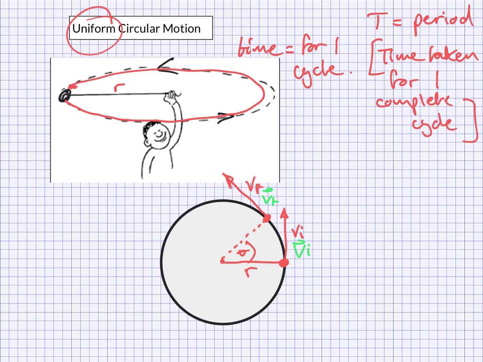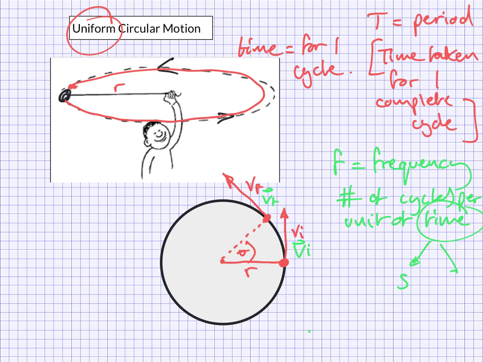And that is very different to the frequency, f. The frequency is the number of cycles per unit of time, and that unit of time could be seconds or minutes, depending on whatever you want to use.